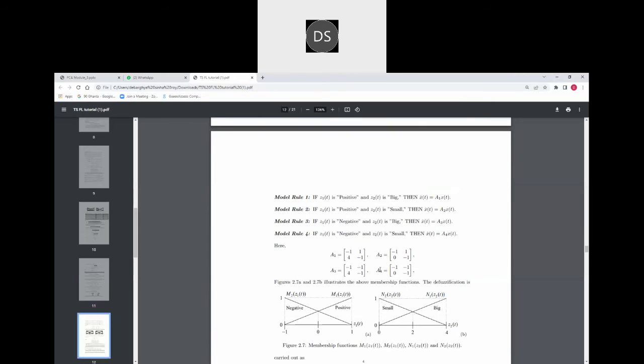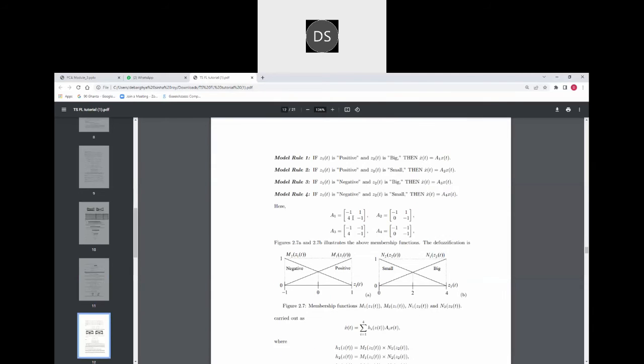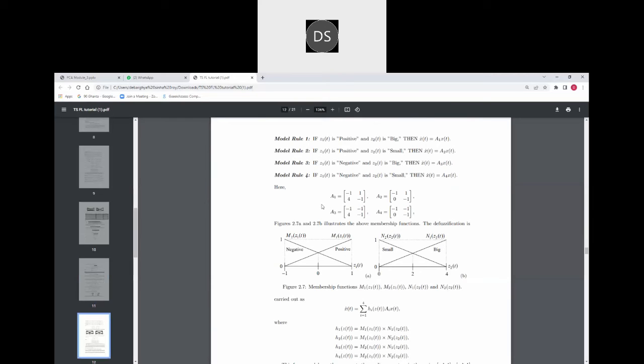Similarly, for model rule 4, Z1 is negative and Z2 is small, so Z1 will be the minimum value of Z1 and Z2 will be the minimum value of Z2. In this way we define four model rules and accordingly four subsystems.